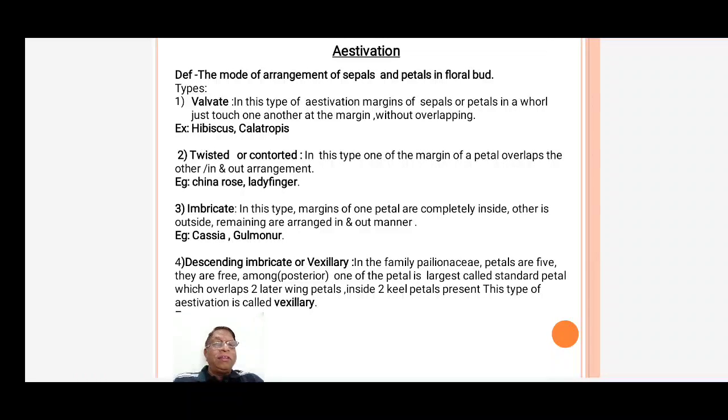That is, one margin is inside, the other margin is outside. Inside, outside. Or you can say, in and out arrangement of sepals and petals is called twisted estivation.